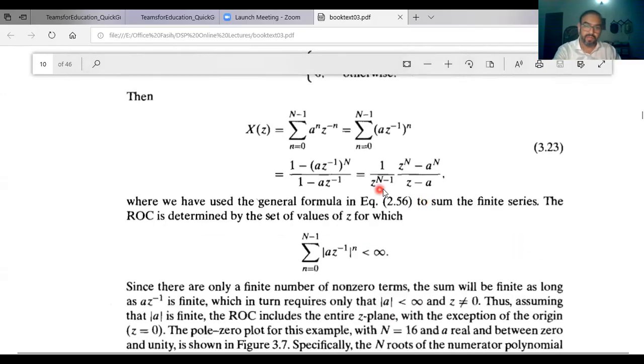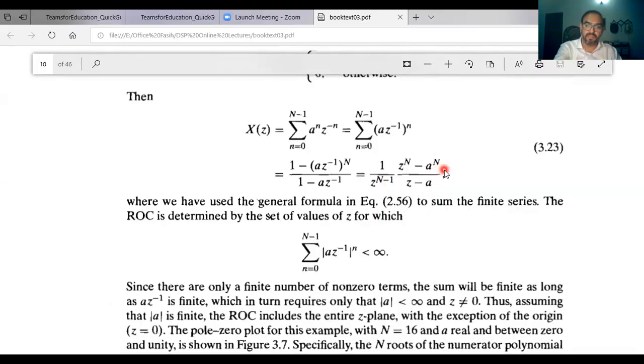Now here you have the pole z to the N minus 1 at z equal to 0. So there are N minus 1 poles at z equal to 0, and also you have a pole at z equal to a. Similarly, z to the N minus a to the N means that you have N zeros.